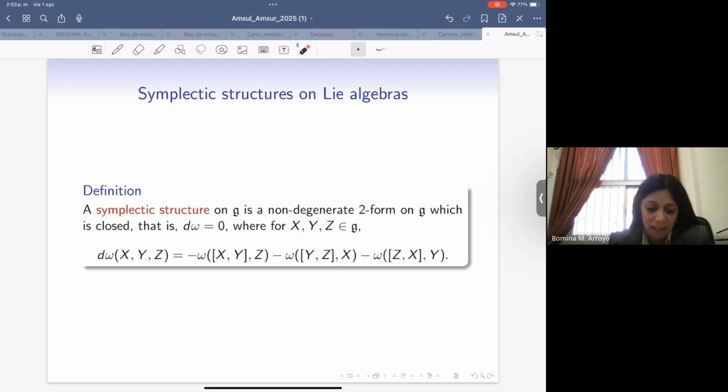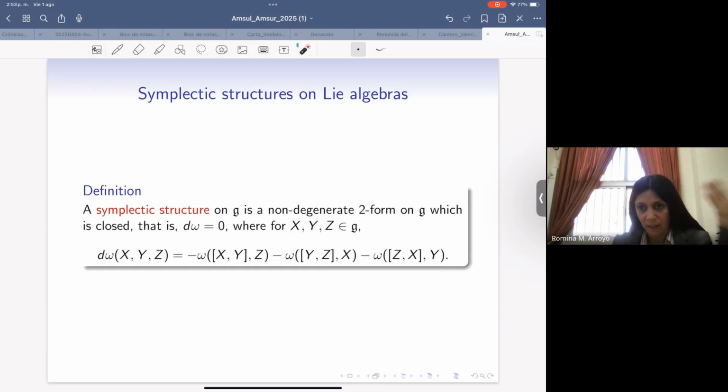And again, the situation is analogous to the complex situation: dimension 2 is well understood, dimension 4 is well understood. From dimension 6 the problem starts, and trying to classify which Lie algebras admit a symplectic structure is a wild problem.